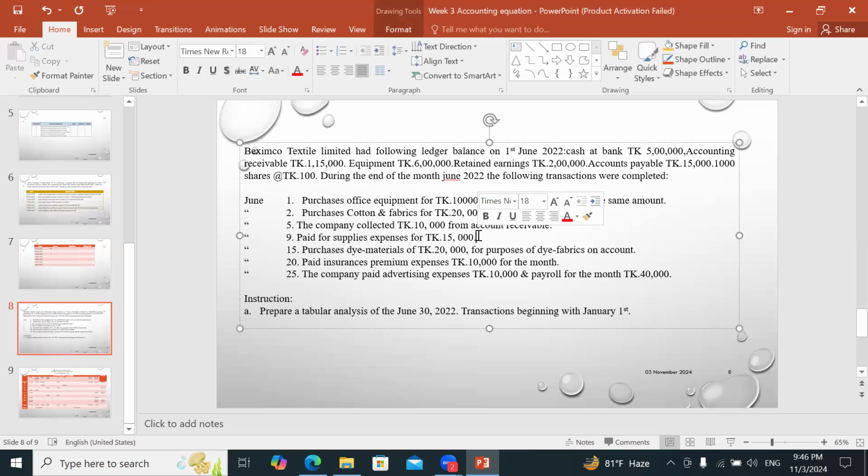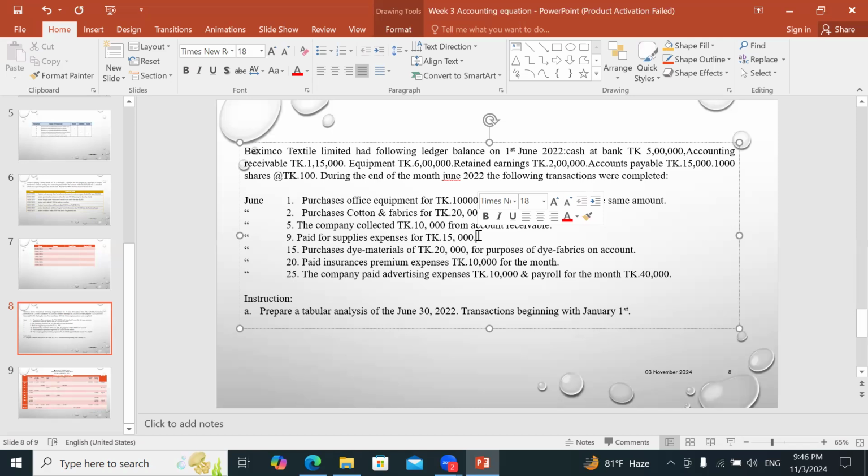Does cash increase or decrease? Decrease, this is the expense. Cash decreases. An expense is related to retained earnings.